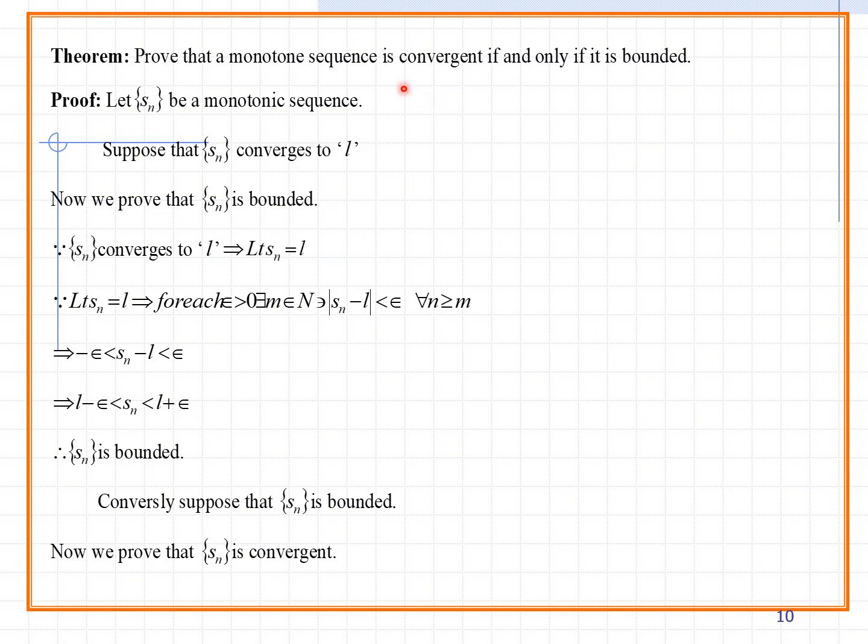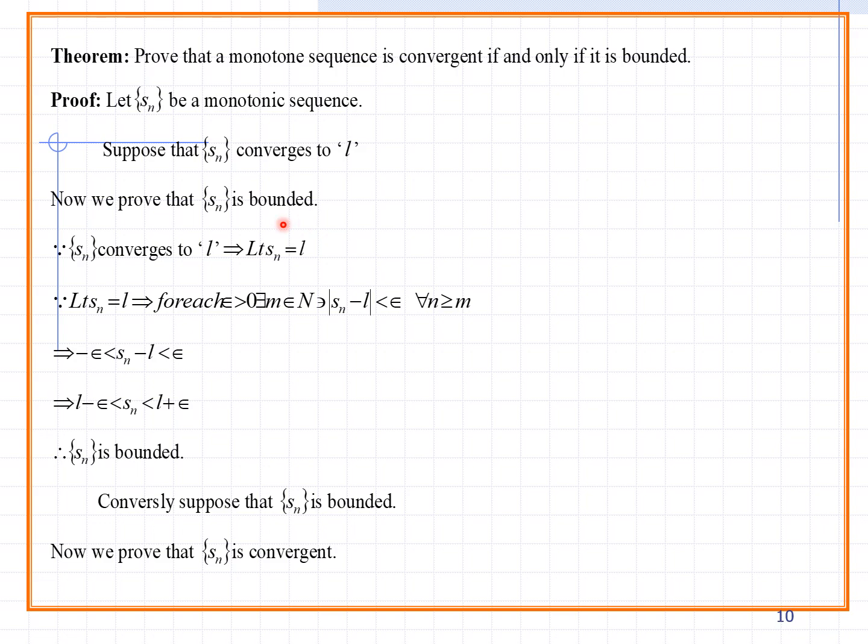So let us see the proof. Let Sn be a monotonic sequence. Suppose that the sequence Sn converges to L. Now we prove that Sn is bounded. First, Sn is a monotonic sequence. Second, we assume Sn converges to L. Once Sn converges to L, we prove Sn is bounded. Bounded means you have a lower value and an upper value, and in between Sn is there.